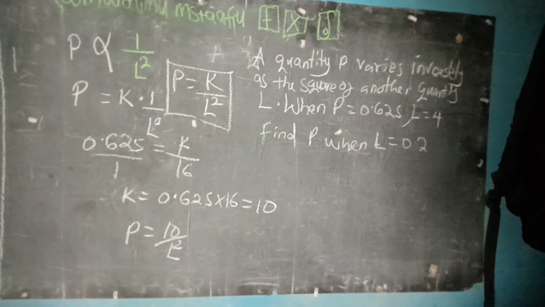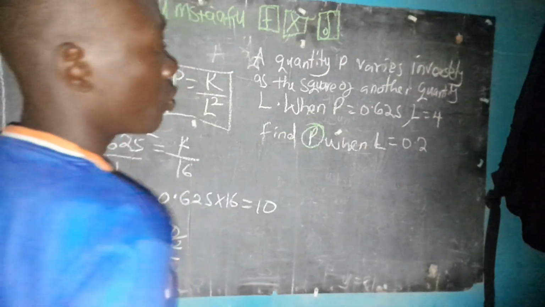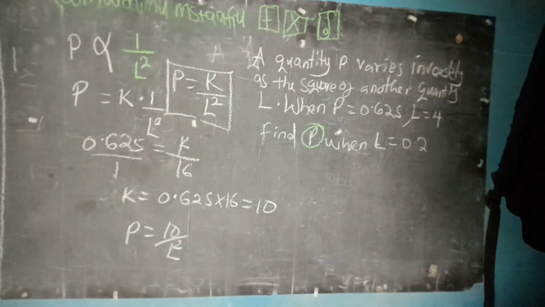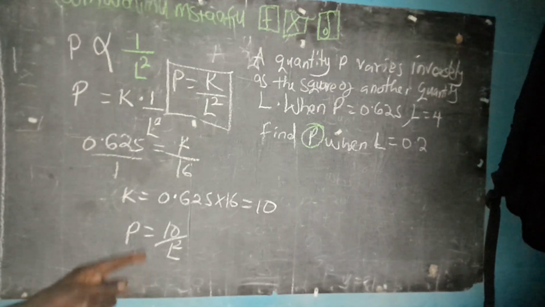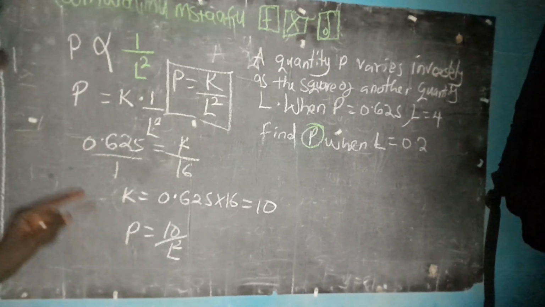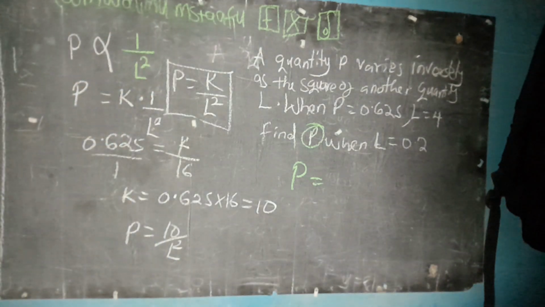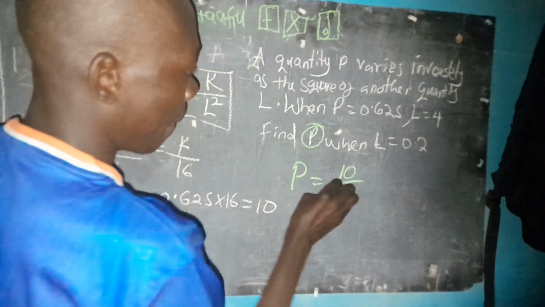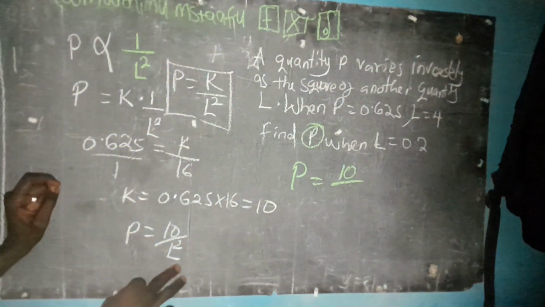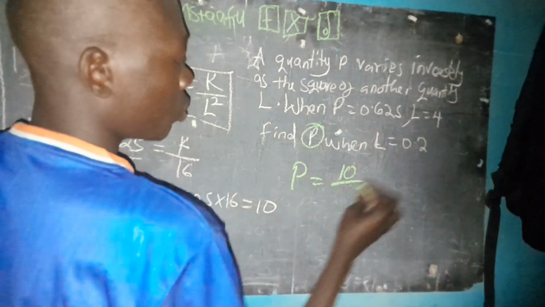I've been given the value of L, and I don't have the value of P here. So I'll be trying to find the value of P. P is what we need. So P is equivalent to 10 over L squared. L squared is 0.2 squared.